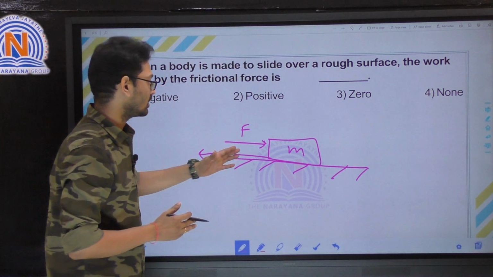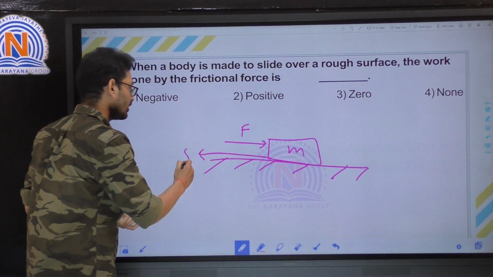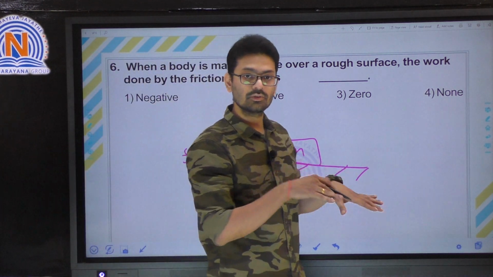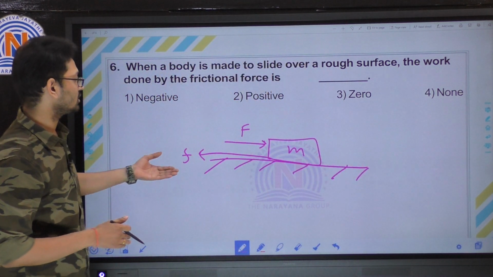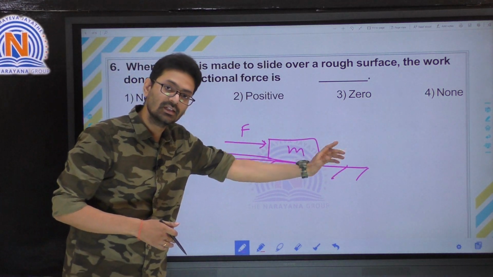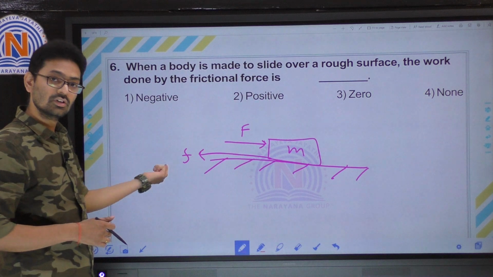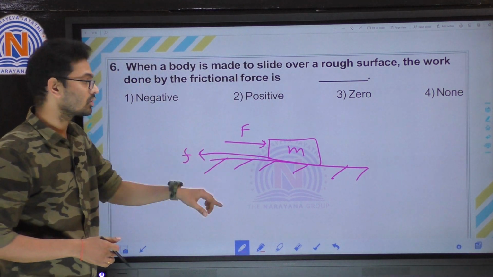Everyone knows that. This is moving that side, so friction will act opposite, like you and me: if anyone says no, we will do it. In the same way, frictional force also does the same. It is going to come back. That means if the body is moving that side, the frictional force is going to be backward. It acts in the opposite direction of the body's motion.